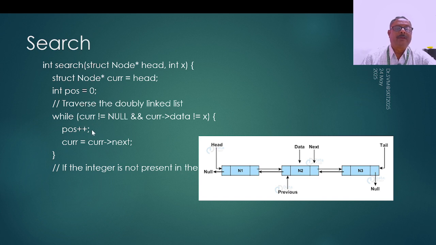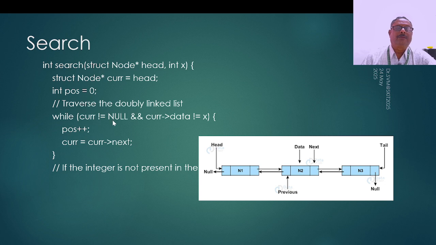So this keeps going on till either the first condition fails or the second condition fails, because they are connected with an AND operation. So as long as both are true, this loop continues. Either the first one breaks, then we stop.